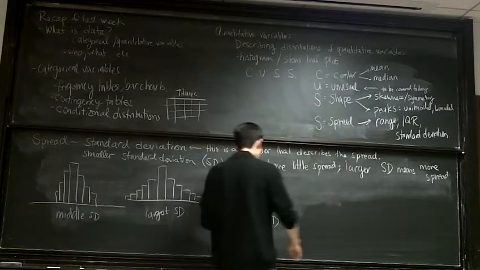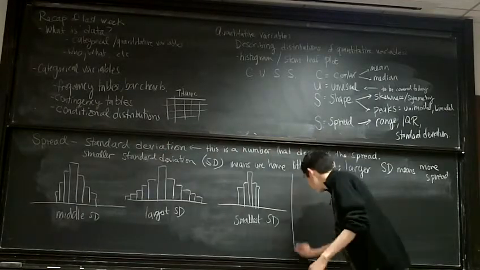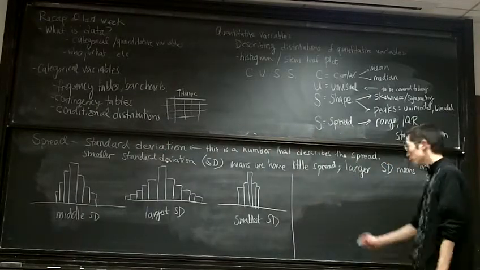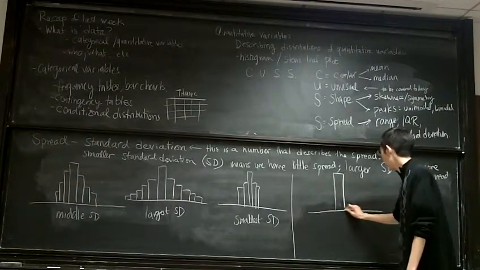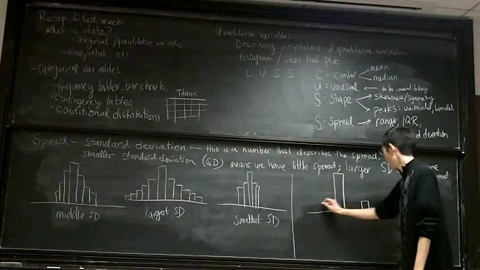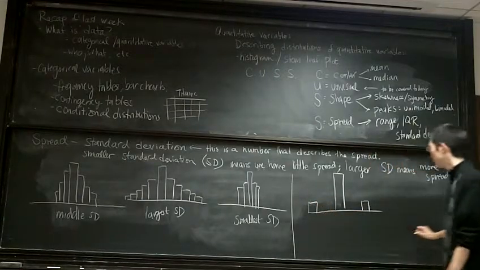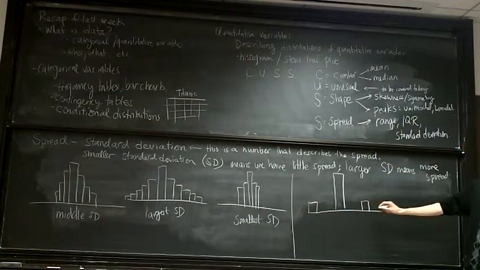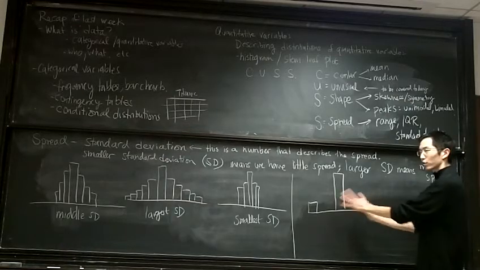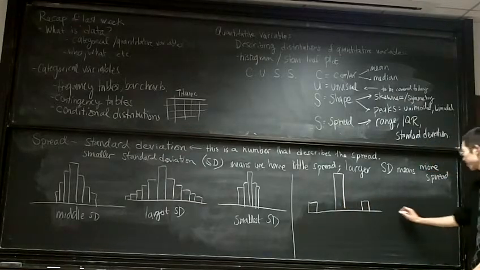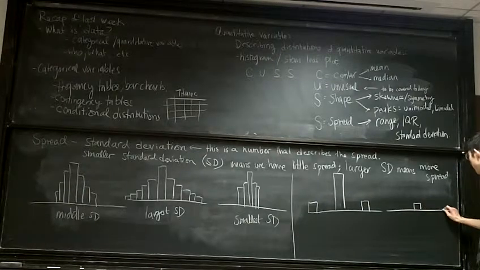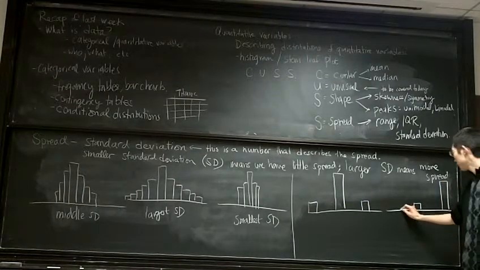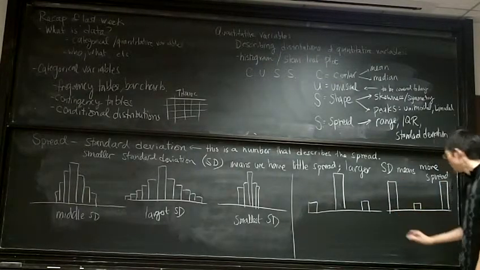Here's something that's going to be a little bit trickier. This is a histogram where there's only 3 different values. And here's another histogram, again with 3 different values.